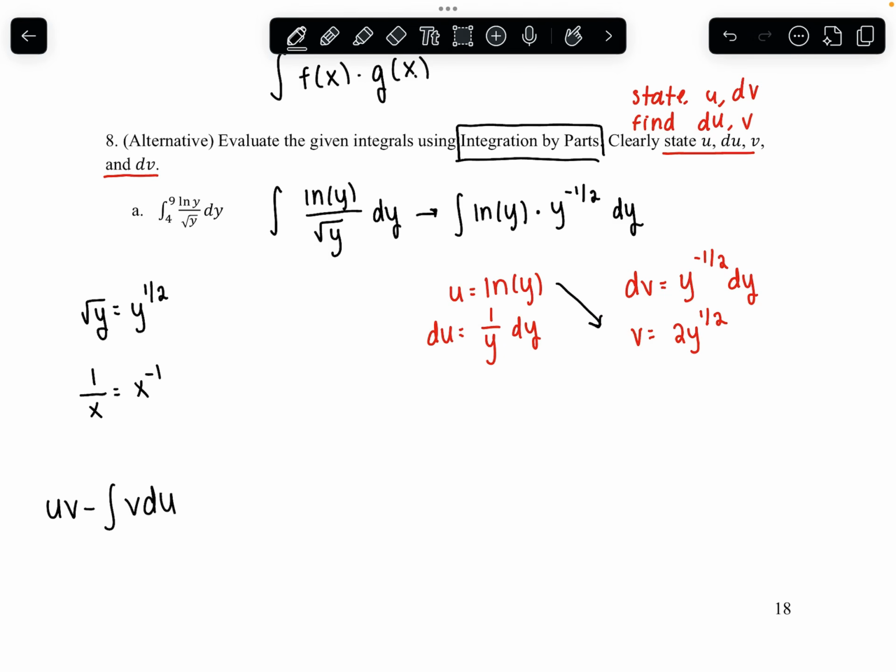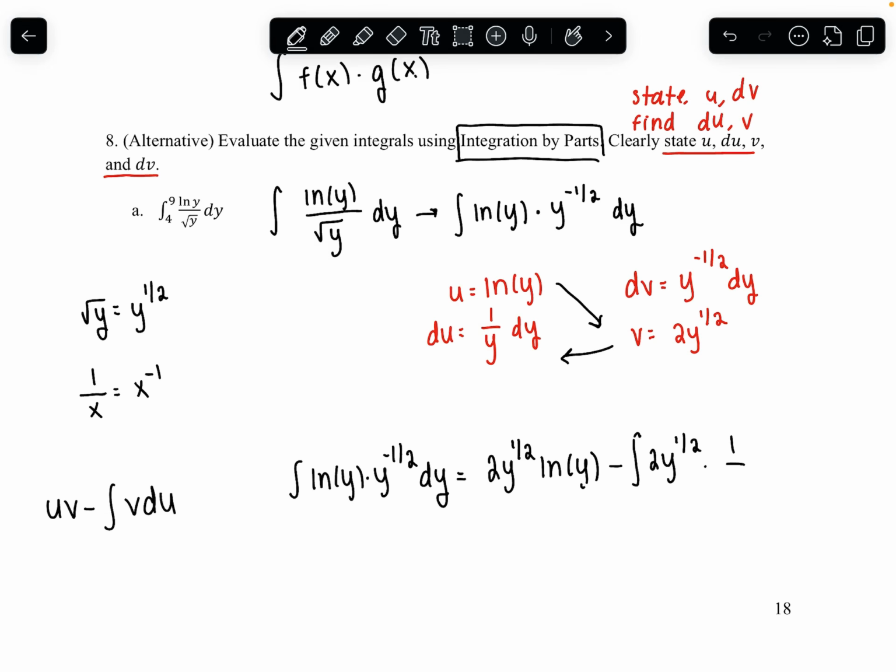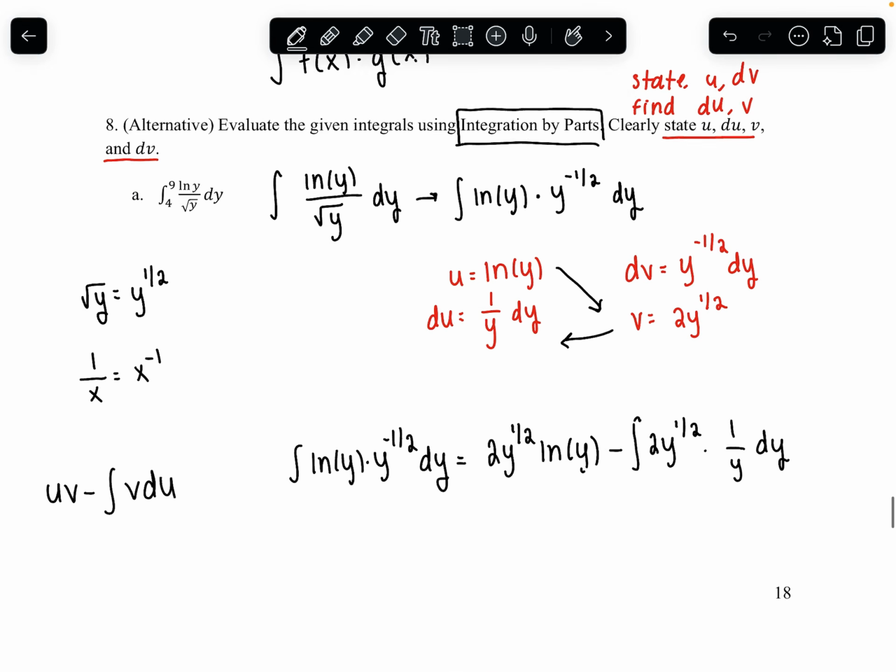So this integral that we're trying to find is equivalent to 2y to the 1/2 times ln y. That just stays there. It's done. No more calculus needed for u times v. But then I need to do the integral of v du, so that's 2y to the 1/2 times 1 over y dy.